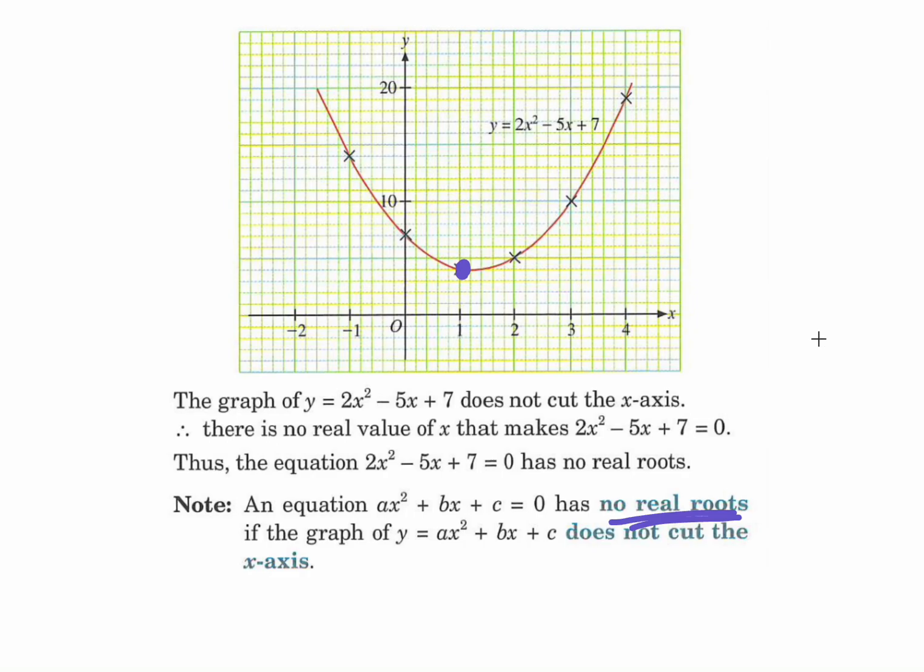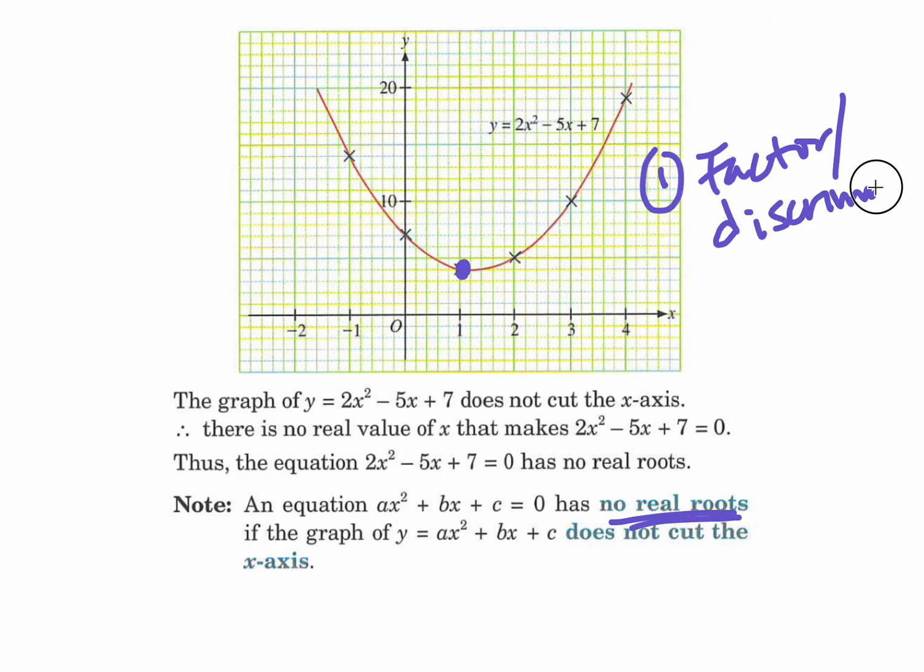Okay, so we went through a couple of strategies on how to figure out the roots and how to approach these problems. You should definitely try to factor first or use the discriminant, just to see what's going on.